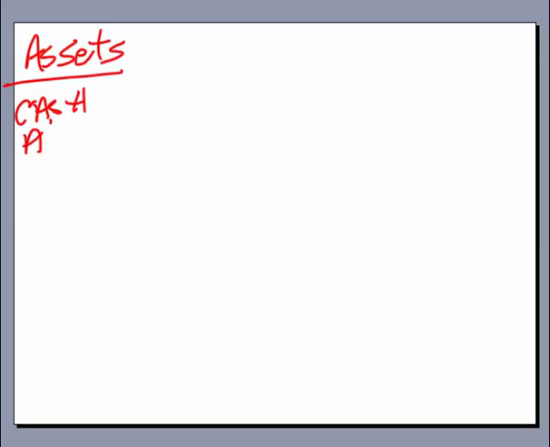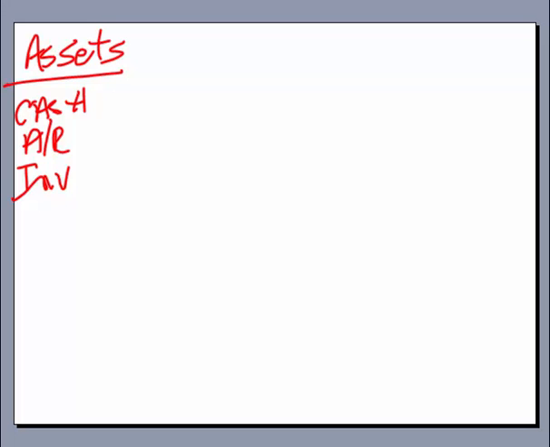So before, on your assets, let me get that written in there, you would have cash, accounts receivable, and inventory, and that inventory was your merchandise inventory. It was all the inventory that you bought from other places, and then you turned around, marked it up, and sold it.